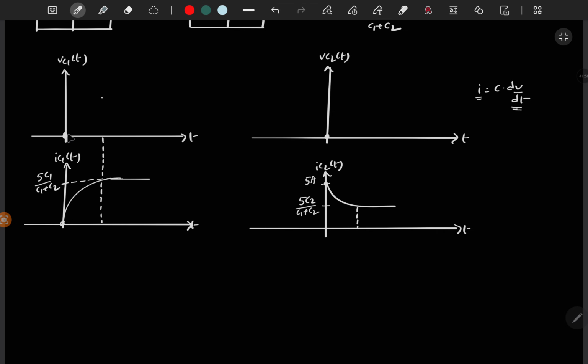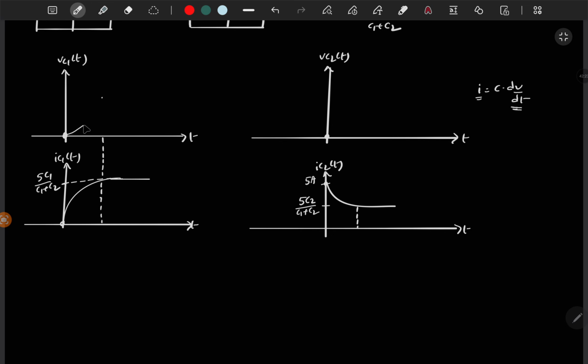I mean, initially it should charge with the slope parallel to the x-axis, and then since the current magnitude is increasing, the slope should increase and become parallel to the y-axis. This is how the slope will increase.